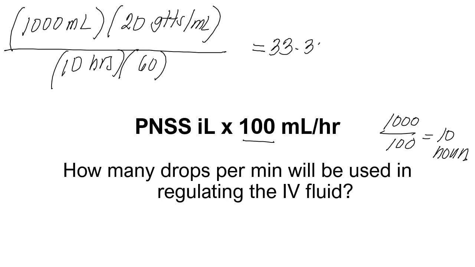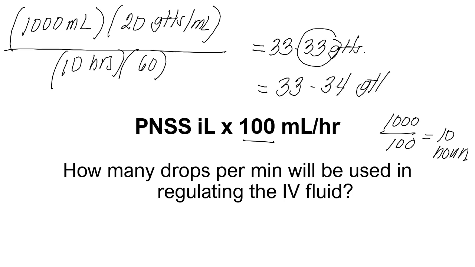Will you answer 33.33 drops? That would be impractical. Remember, we could not count 0.33 drops. So we round off. That would be 33 to 34 drops per minute. Again, that would be 33 to 34 drops per minute. That will be for the computation of your IV fluids.